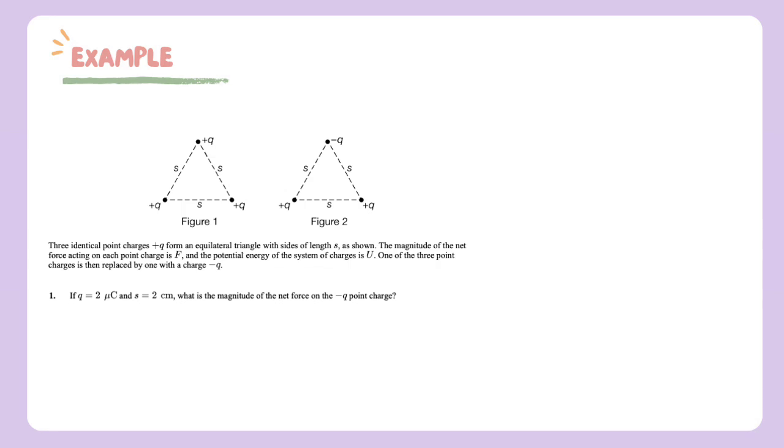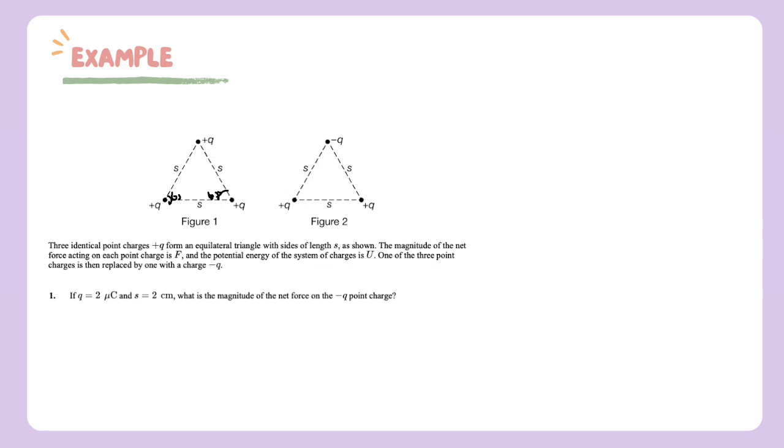So the example says 3 identical point charges plus Q form an equilateral triangle. For an equilateral triangle, we know that it forms a 60-degree angle at all of the corners, and the sides are equal. So they form an equilateral triangle with sides of length S as shown.